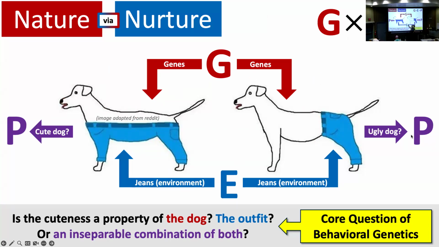If we say the only difference between those dogs is the jeans they're wearing, then that's an environment that is explaining that phenotype. But I'm hoping this captures that the cuteness or ugliness of this dog is a combination of the underlying dog and the things you put on the dog, the G by E. So that's our core question of this unit. Is it G, is it E, or if it's both, what's the combination of G and E together?